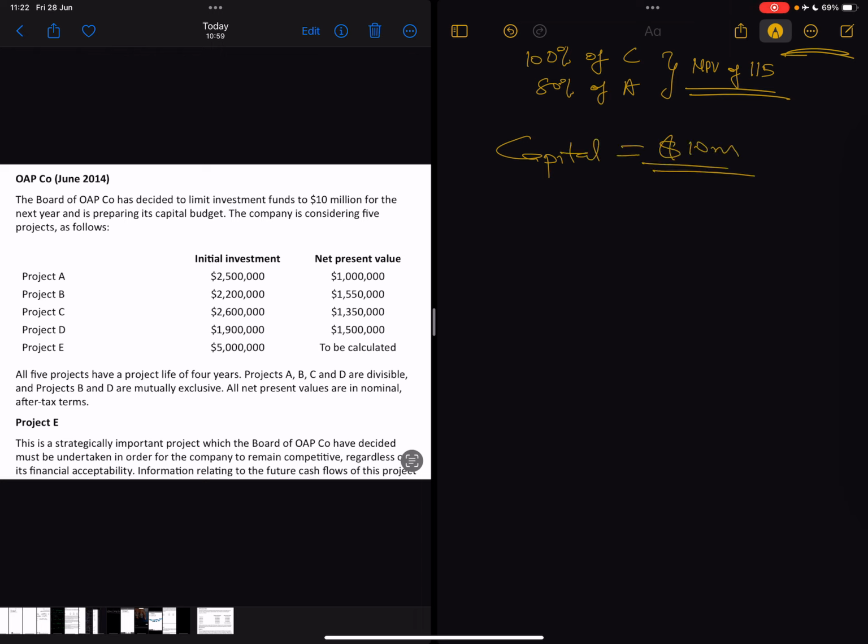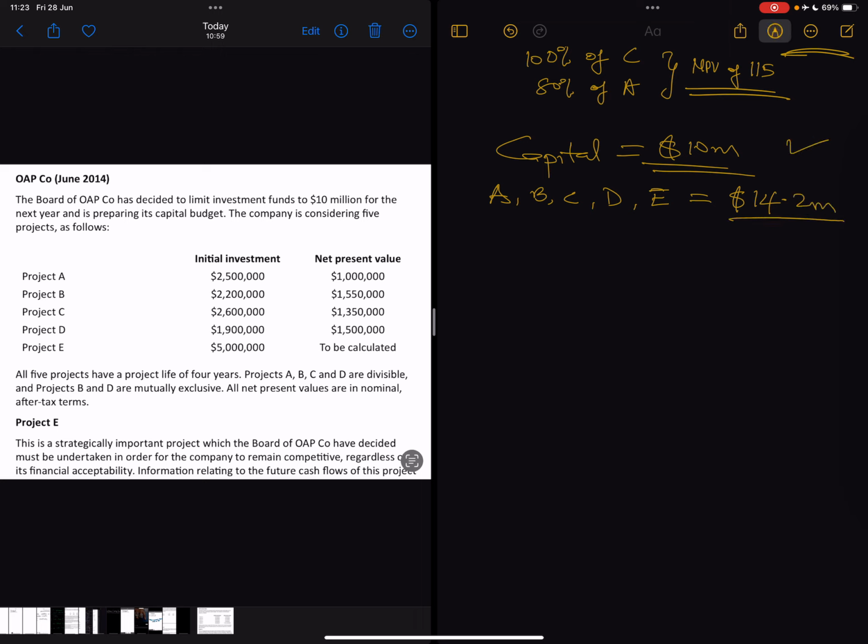And we have investment A, B, C, D, and E that will cost a total of 2.5 plus 2.2 plus 2.6 plus 1.9 plus 5. How much is that? That's a lot of money. That is 14.2 million. And we only have 10 million available.